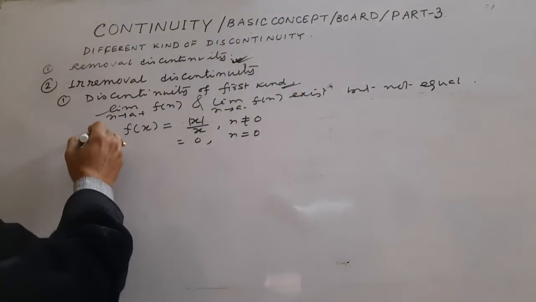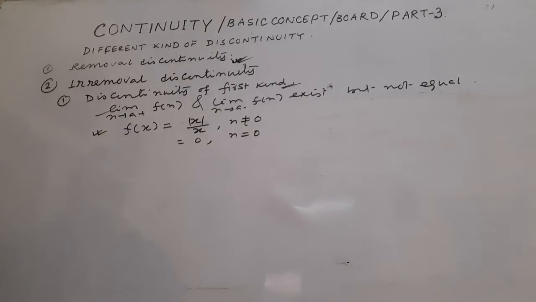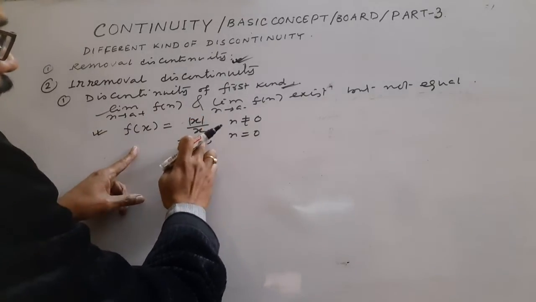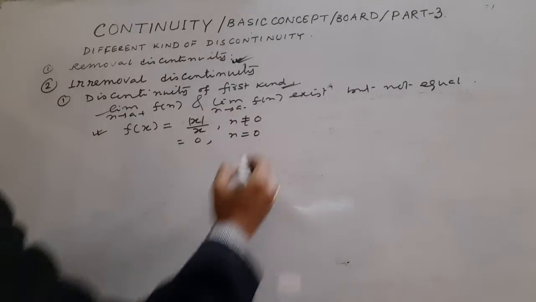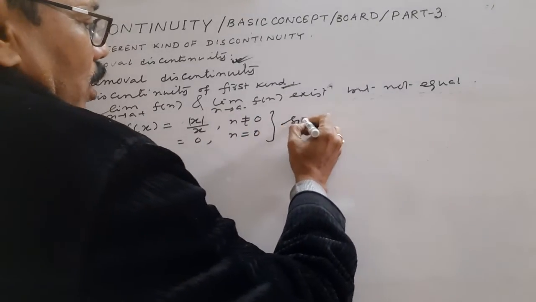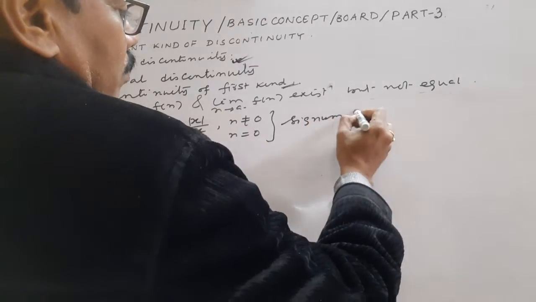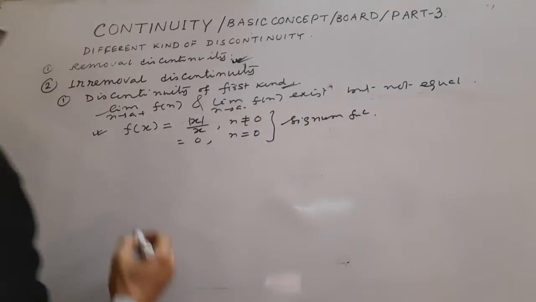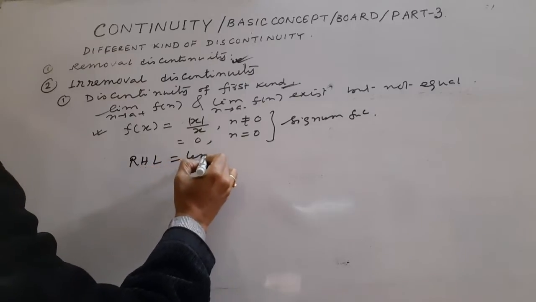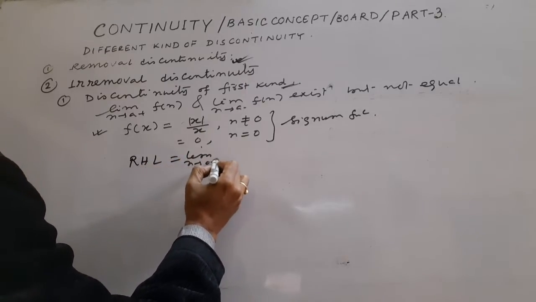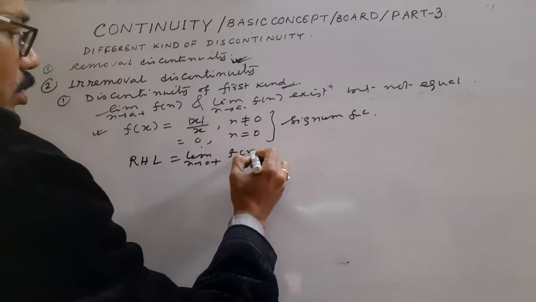So consider a problem. f(x) equals mod x by x, x not equal to 0, and equals 0, x equals to 0. We have already discussed this is the signum function. So what is RHL? Limit x tends to 0 plus f(x).